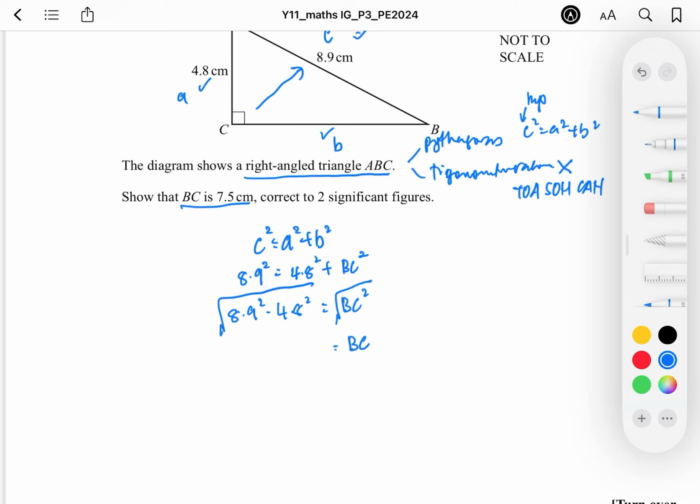You would get BC is equal to, you use your calculator to calculate it, 7.49466. Therefore BC is equal to 7.5, correct to two significant figures.